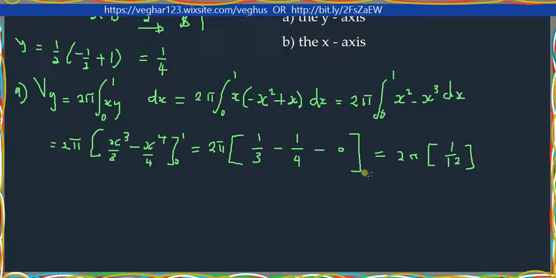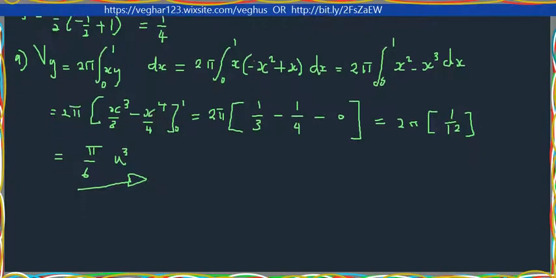And then with 1 over 12, the final answer, the 12 will cancel. Here we'd have 1 over 6 pi, so it's unit cubed. So this is the rotation about the y-axis. So this is how you get it.